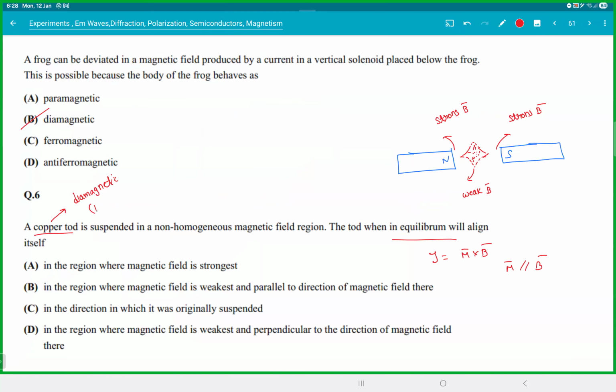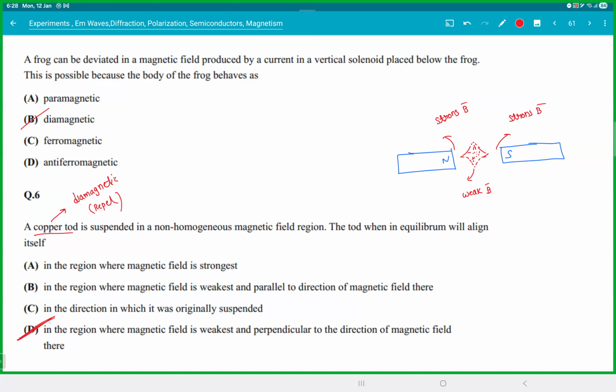This will repel, right? That's not attracting. If it is repelling, then it will go perpendicular to the magnetic field. If it was attracting, then it would have been parallel to the magnetic field. So be careful with that.